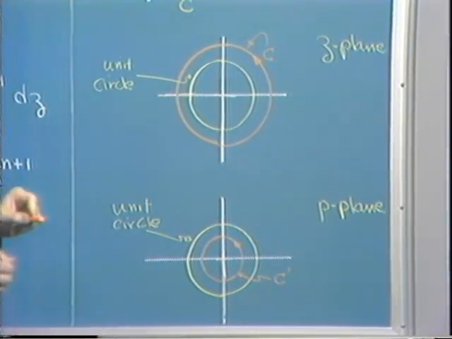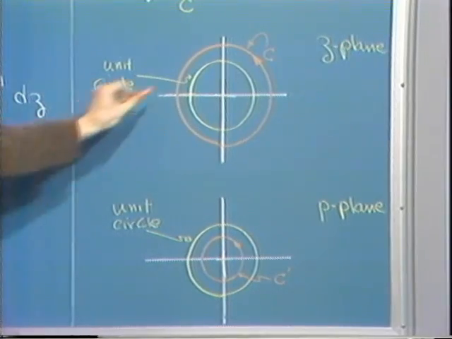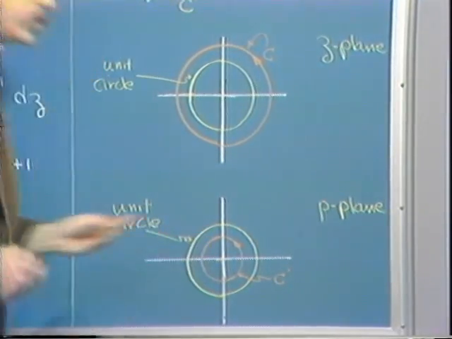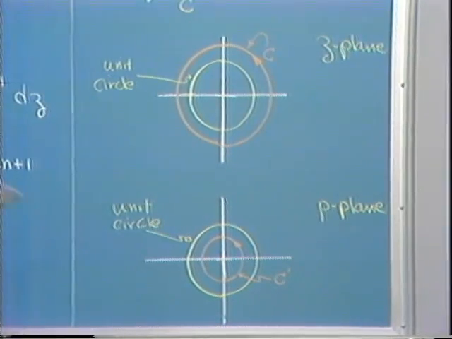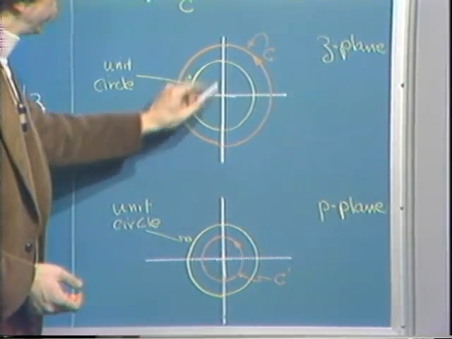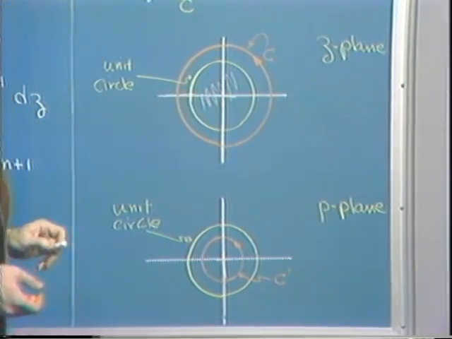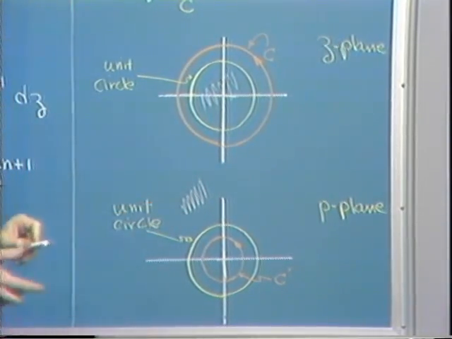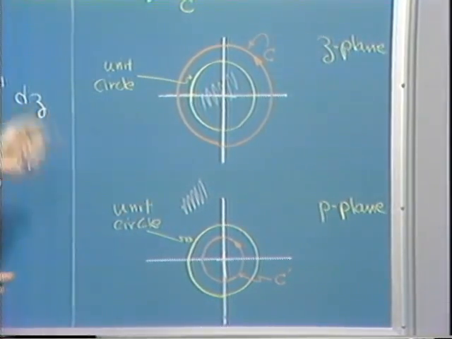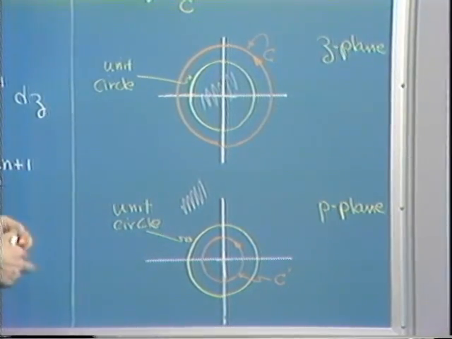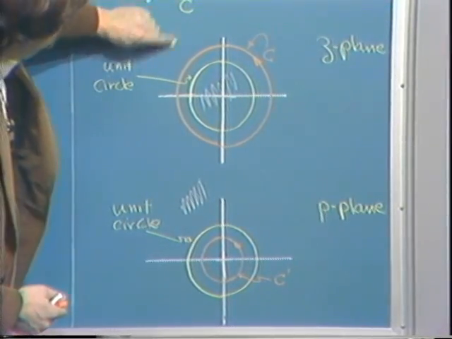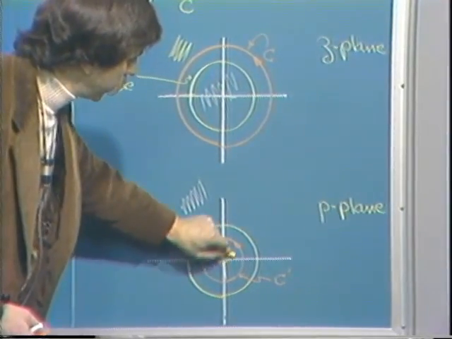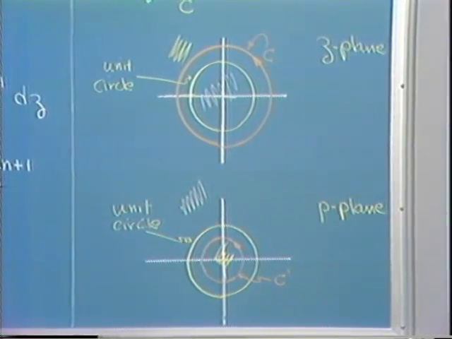Well, this contour got converted, if it was outside the unit circle, into a new contour which is inside the unit circle. And in general, stuff that was inside the unit circle is going to end up outside the unit circle in the p-plane, and things that were outside the unit circle in the z-plane are going to end up inside the unit circle in the p-plane.